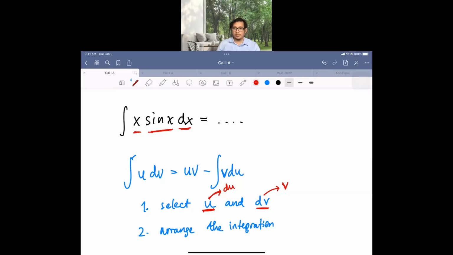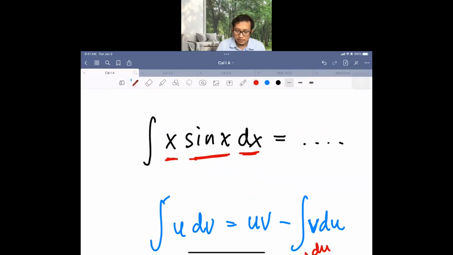In short summary, what I can tell you is, if you see a simple function like this, and you see that it can be differentiated into 1, so x differentiated becomes 1, and differentiated again becomes 0, easy to differentiate and you get 0 in an easy way, you could take that as your u.